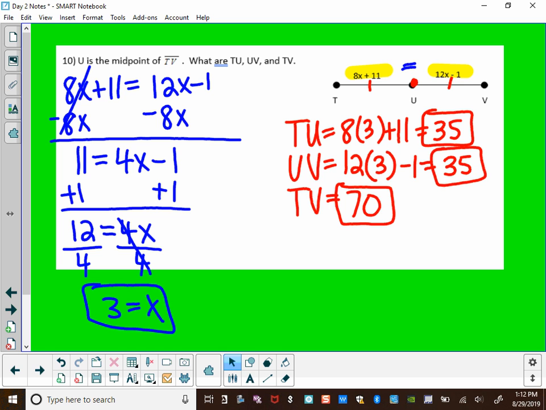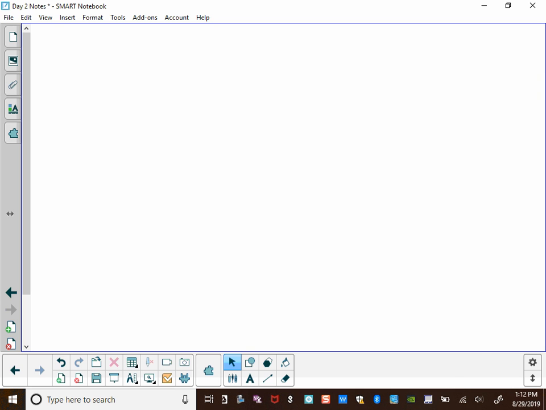Go ahead and flip to day 2 homework. This homework is your homework over the long break. So let's see here. Look at number 3. You see how number 3 has A and B in those boxes?